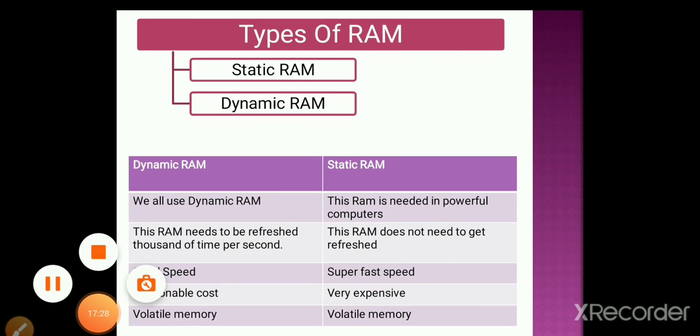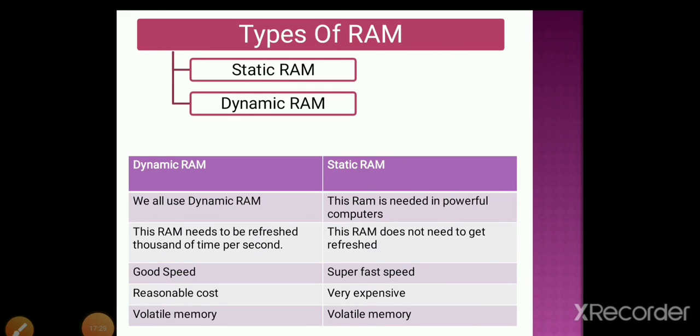So I repeat this topic, if you did not understand. RAM's full form is random access memory. RAM is our primary memory. RAM is our volatile memory.